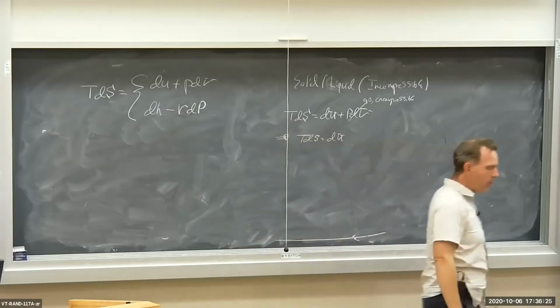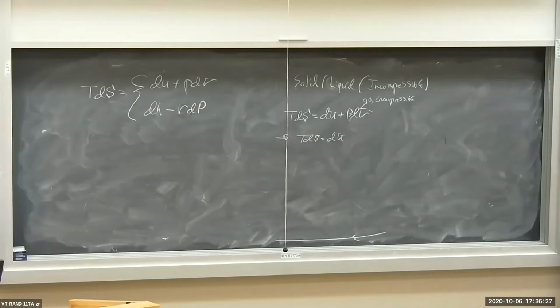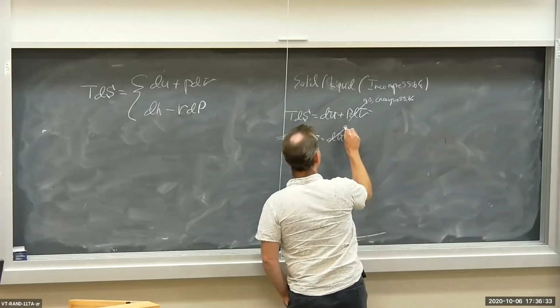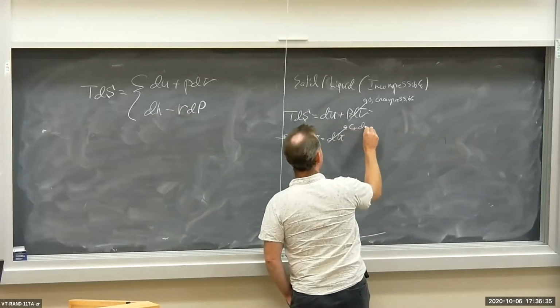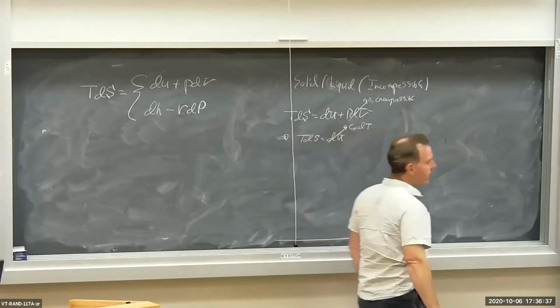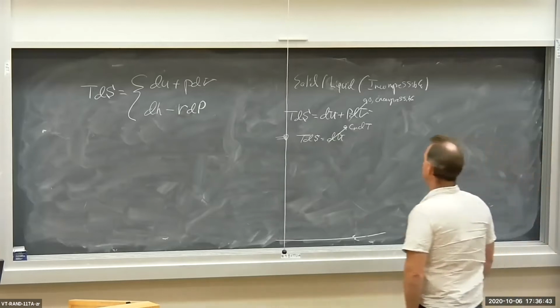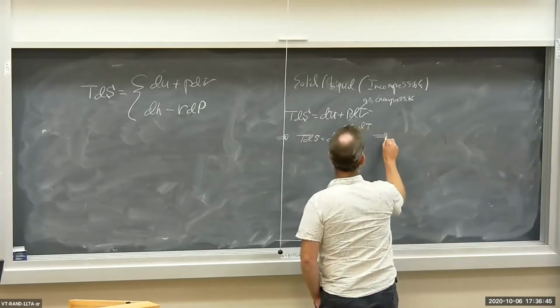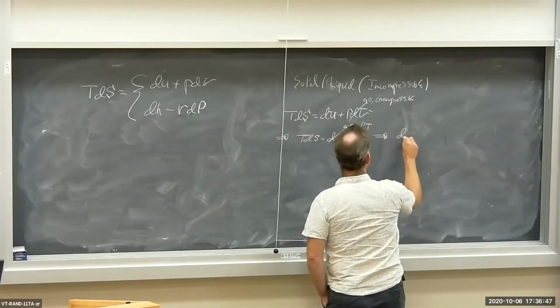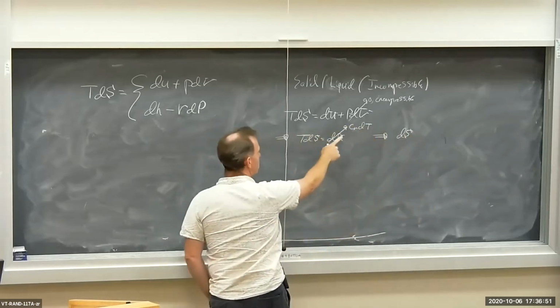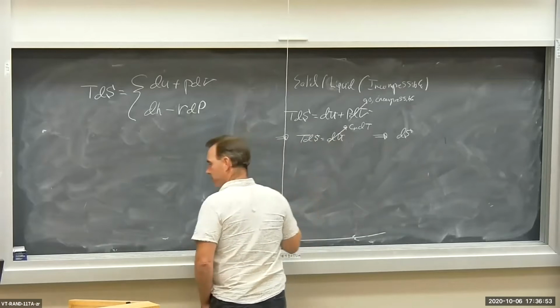Now, du for a solid or a liquid is equal to CV dt. So this is CV dt, where specific heat can be either constant or variable. And so the final result here is, this is actually mass times CV dt.